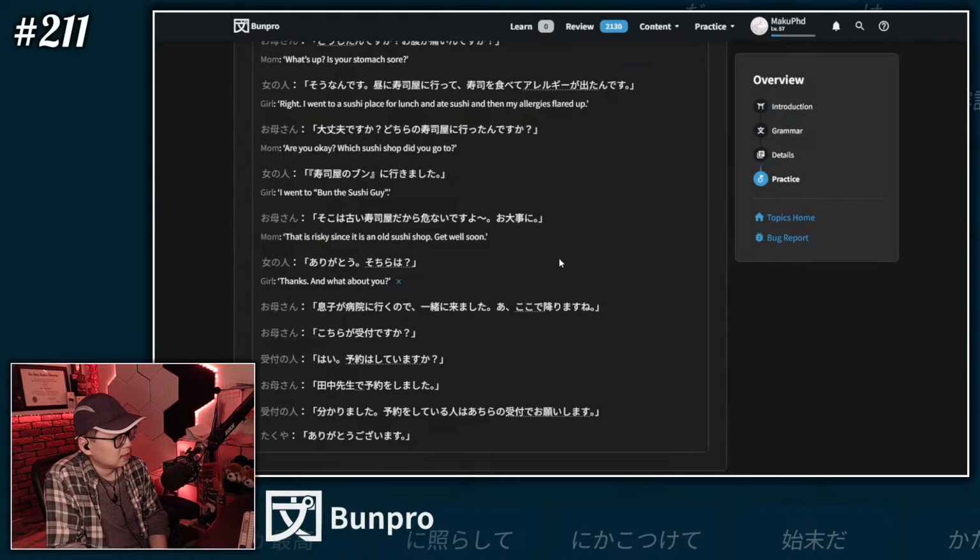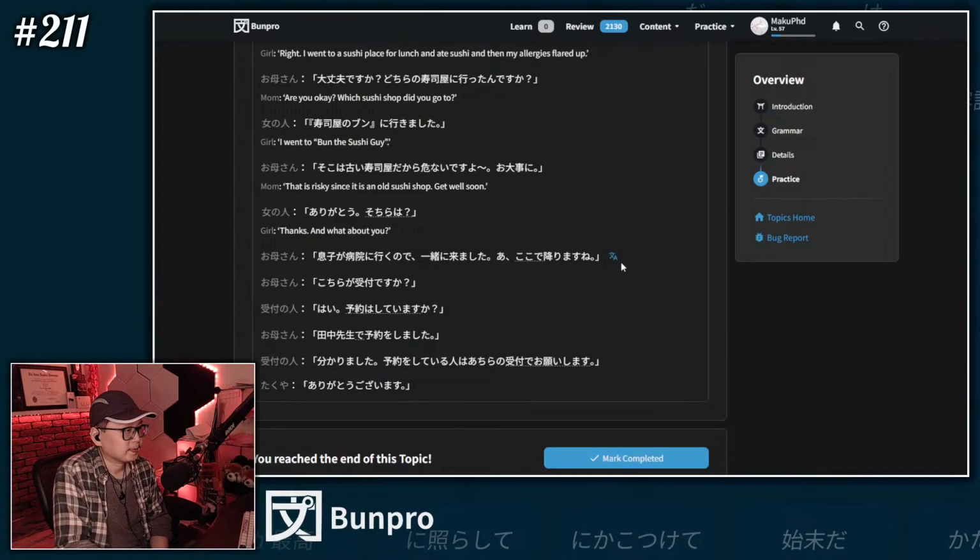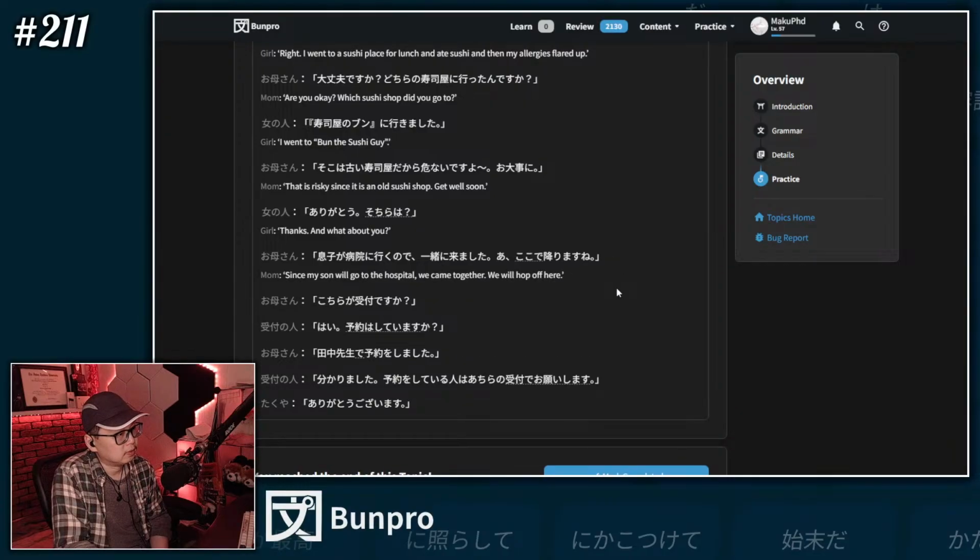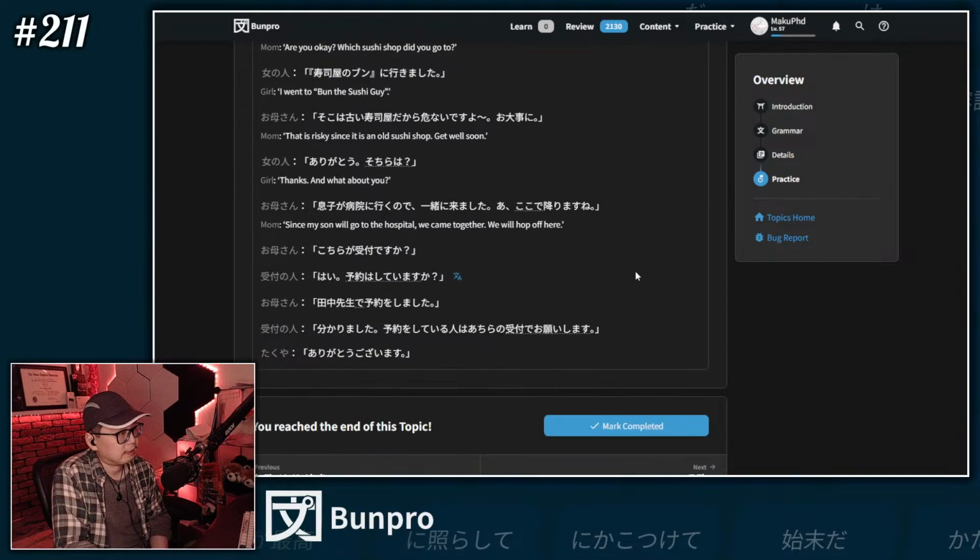Oh, そちらは, interesting. She's saying since I have to go to the hospital with my child, we're going together, basically. We're arriving together. And we have to get off here. We'll hop off here, right? Since my son will go to the hospital, we came together.